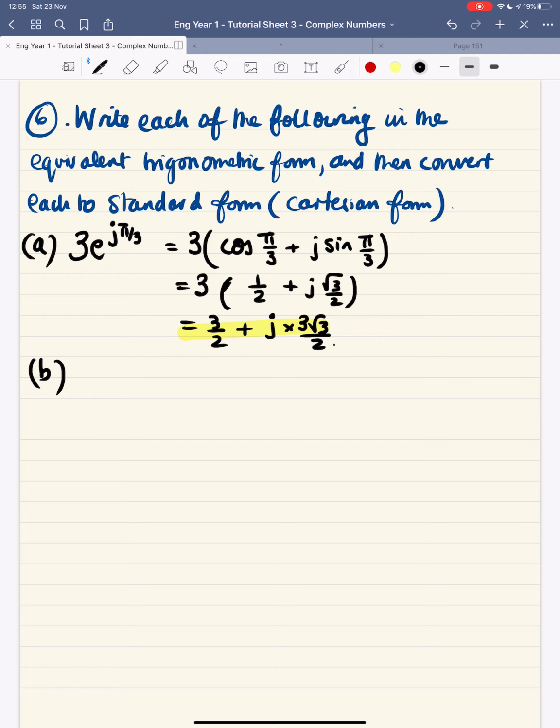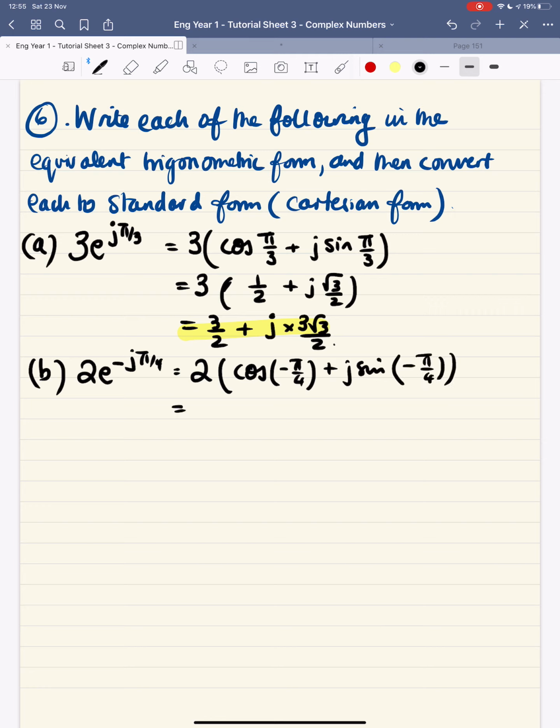B, 2e to the minus j pi by 4. So it's 2 cos of minus pi by 4 plus j sine of minus pi by 4. Cos of minus pi by 4 is 1 over root 2, and sine of minus pi by 4 is minus 1 over root 2.